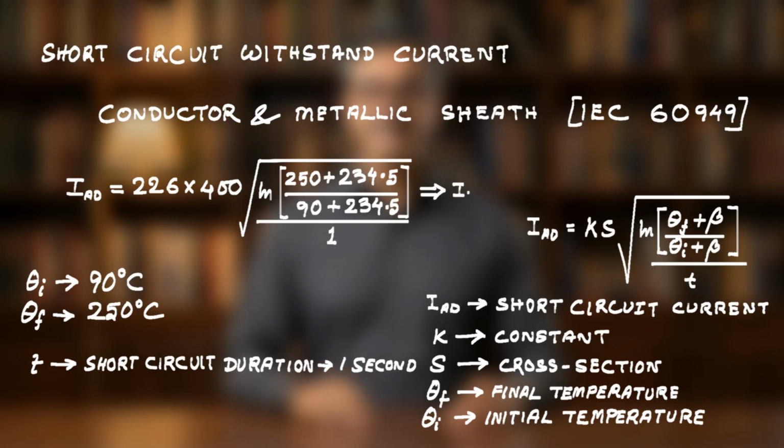Now, if we calculate this, finally we get IAD equals 57.2 kiloampere. So, we have already calculated the fault current for 1 second and the value comes out to 57.2 kiloampere.